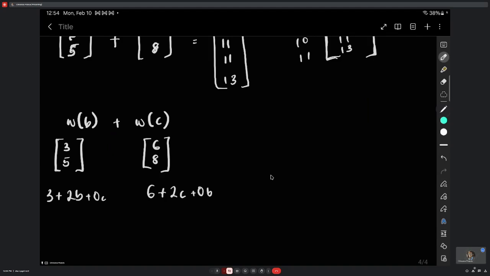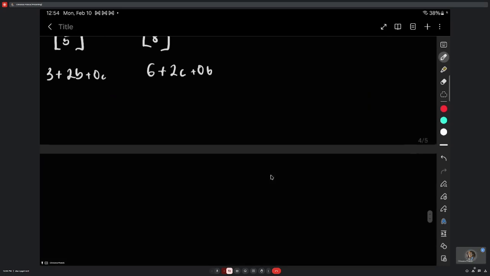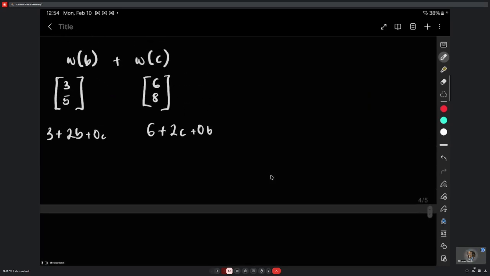When we do this, both of them are now polynomials in two variables, b and c. Which now means we can evaluate both of them over the Boolean hypercube in two variables: 0, 0, 0, 1, 1, 0, 1, 1.